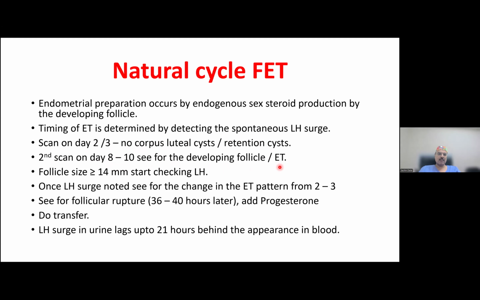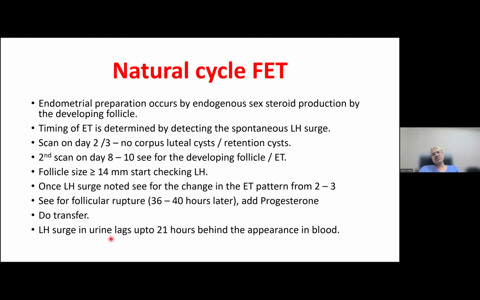the endometrial thickness. Once the follicle size increases beyond 14 millimeters, start checking for LH. Once LH surge is noted, see for the change in the endometrium pattern from type 2 to type 3 in 2 to 3 days. See for follicular rupture after 36 to 40 hours, add progesterone and do transfer.